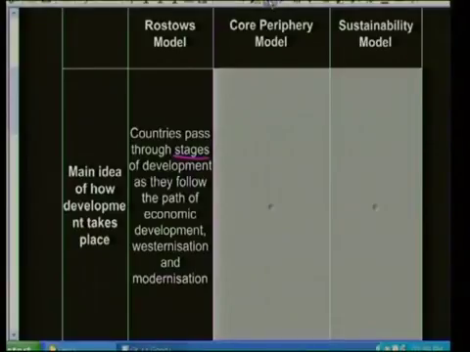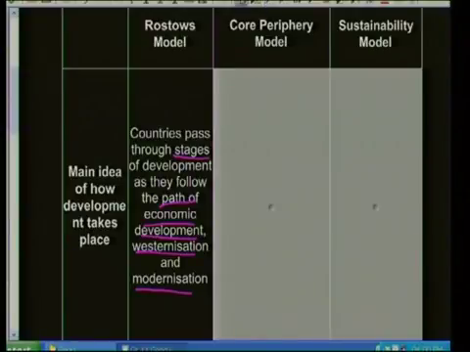And it says, as they follow the path of economic development, westernization, and modernization. So Rostow's model is based on stages and how each of the countries will progress through these different stages as they move towards ultimate development.